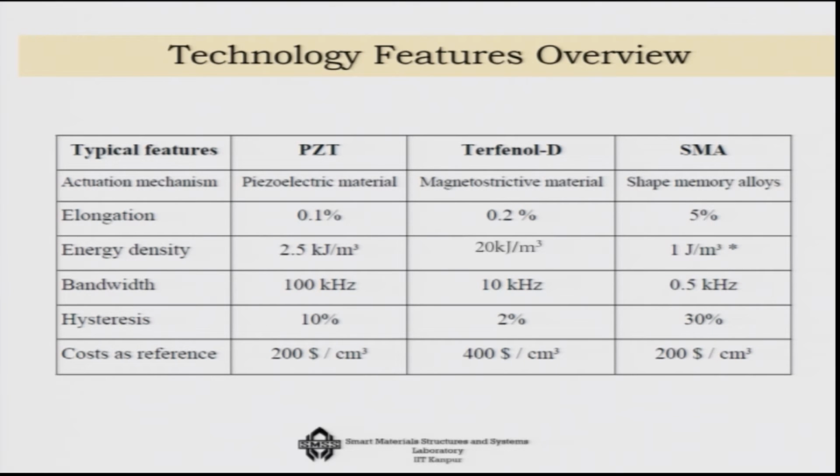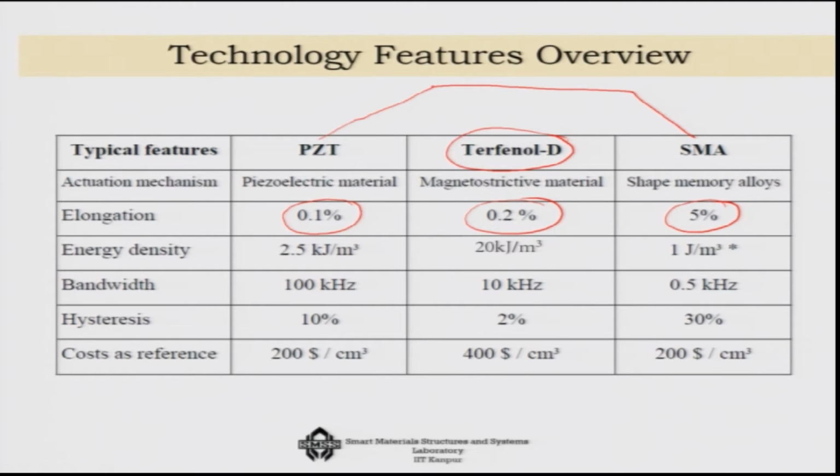Now, let us compare this smart material terfenol-D with its two other counterparts on the two sides, that is a piezoelectric material and a shape memory material. If you consider the maximum strain that you can get from these materials, you would see that piezoelectric materials give only 0.1% strain, whereas magnetostrictive material is much better, it gives 0.2%, and shape memory alloys give much higher, 5% strain.